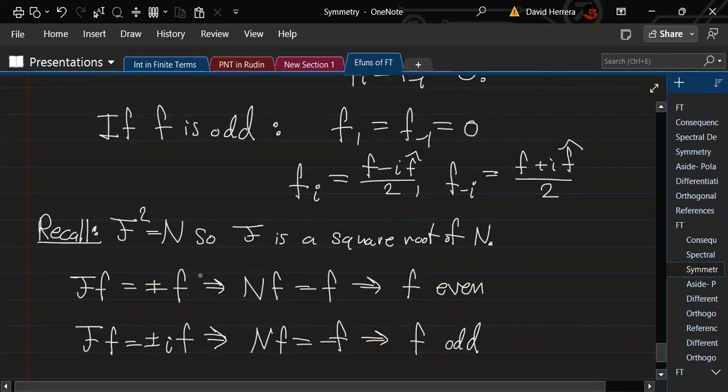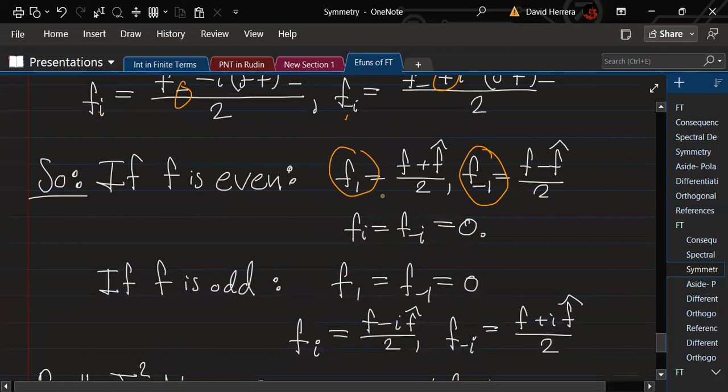And now suppose you wanted to go backwards in this diagram. These right here are back and forth because these are identities. Here, if we have nf is f, that means f is even. What we showed is that it breaks up in terms of an eigenfunction with eigenvalue 1 and with eigenvalue negative 1.